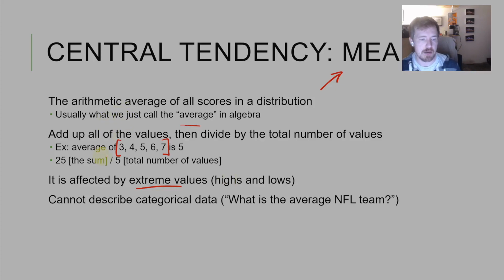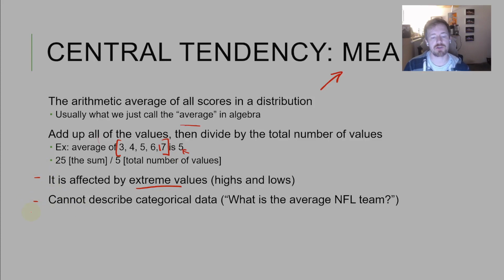So if I had 3, 4, 5, 6, and 7, but on Friday I had 17, then you know this number is going to go up a lot, and that might be a slightly inaccurate picture of how much coffee I normally have during the day. So it can be affected by extreme values.